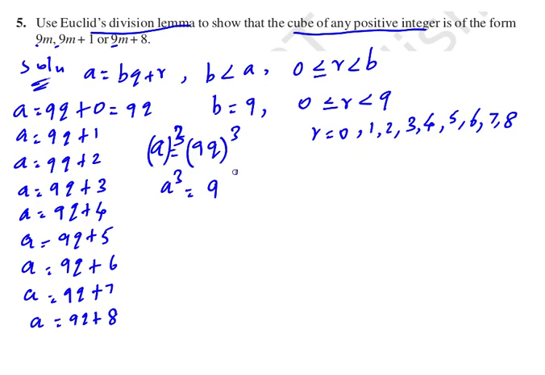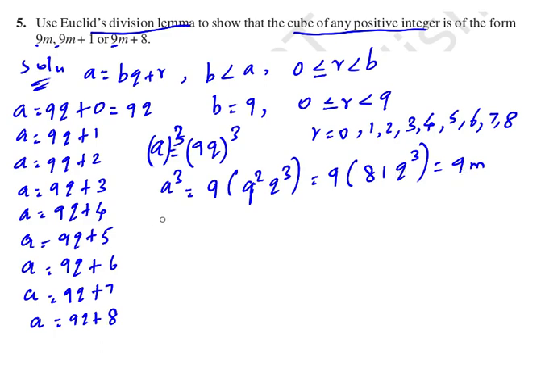So if we take one 9 outside, 9 square and q cube. That means 9 into 81 q cube. One 9 is outside, this is 9 square, 9 into 9 becomes 81. So 9 times this number, if we consider it as m, it is 9 times m. So this a cube can be written in the form of 9m.